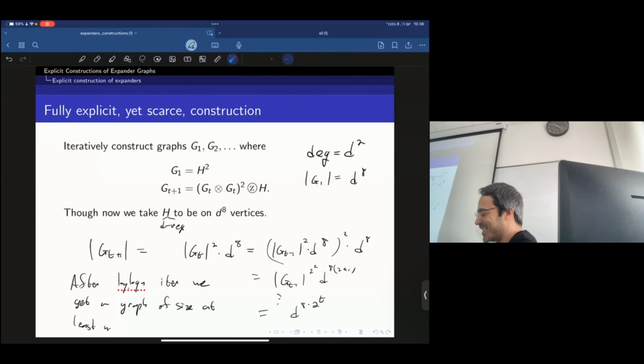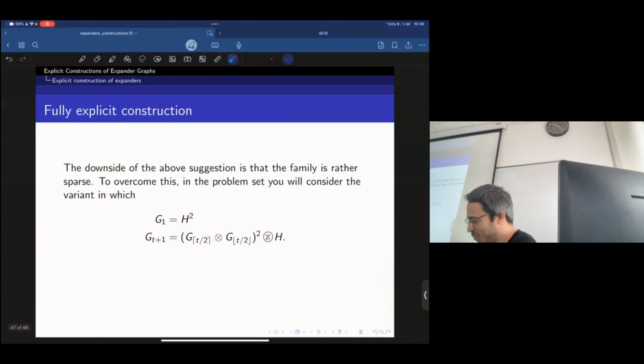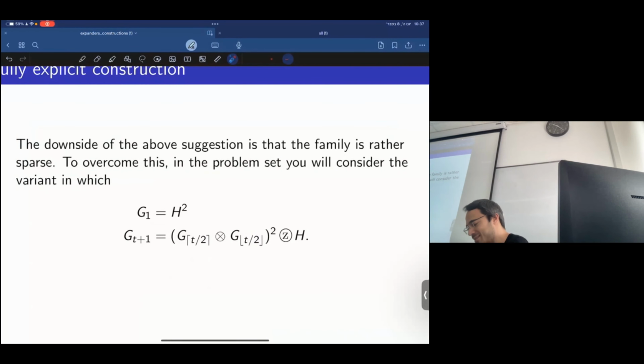It's a good idea, but the fix is really disappointing. So what you do is the same thing as before, but instead of t, you have t over 2, and if you want to be pedantic, it's upper and lower, but it's t over 2, and that's it. And in the homework, you will try to understand why.